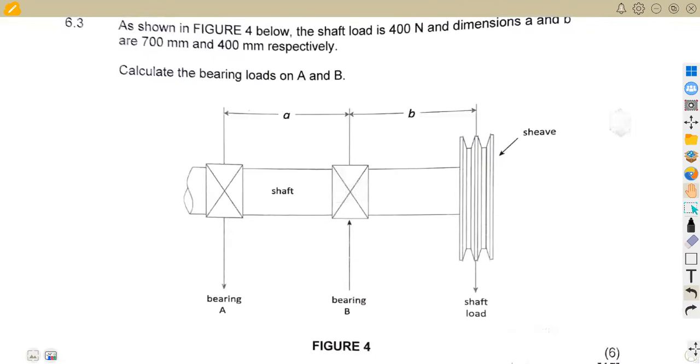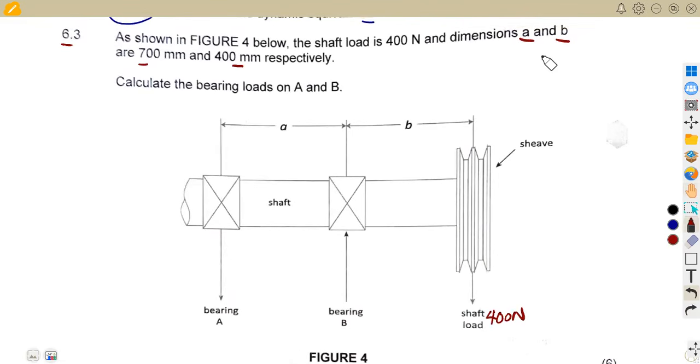Then on 6.3, they gave us a condition whereby, as shown in fig 4 below, the shaft load is 400. In this case, you are given the shaft load of 400 Newton. And the dimensions A and B are 700 millimeters and 400 millimeters, respectively.